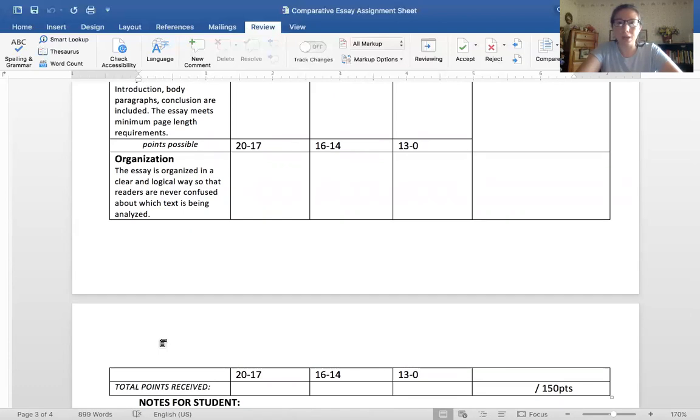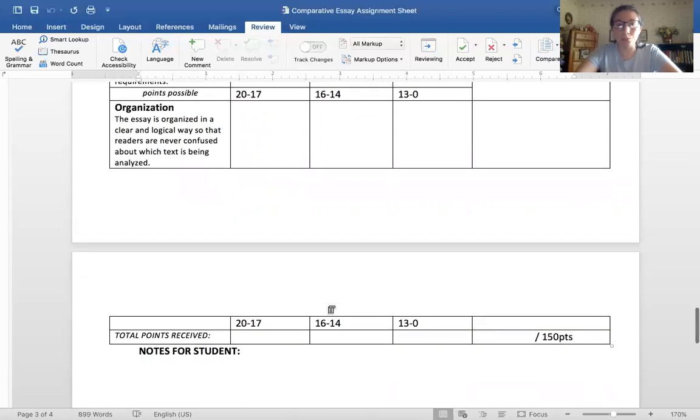It's really hard sometimes whenever you are trying to write about 2 different texts to figure out how to organize the essay. Last class, I gave you some suggestions on how to do that. So think very carefully about how you need to organize your essay so that your argument and your ideas are clear. But I think that's going to be really the most difficult part, and the new thing for you guys.